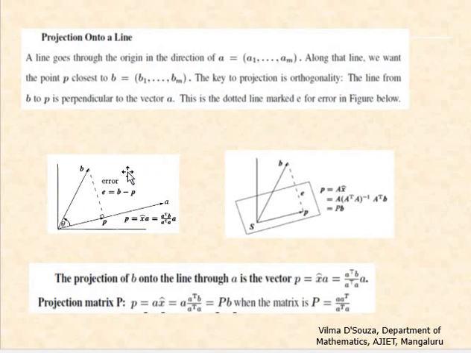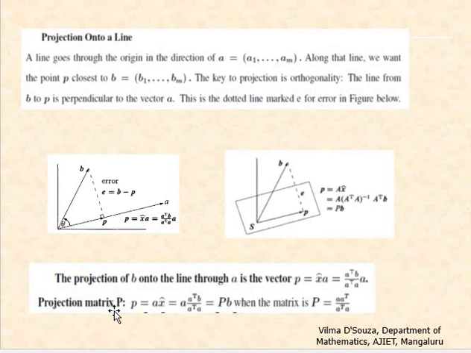So here the key to projection is orthogonality. You are drawing a line from b to p perpendicular to the vector a. This dotted line is marked e for error in the figure. This is b minus p, the error. The projection of b onto the line is p = x̂a, that is, (aᵀb / aᵀa) a.